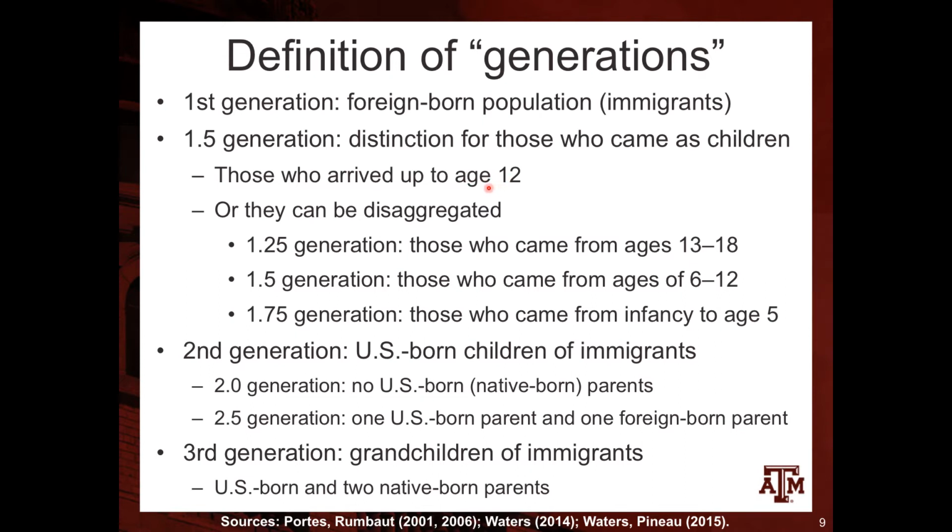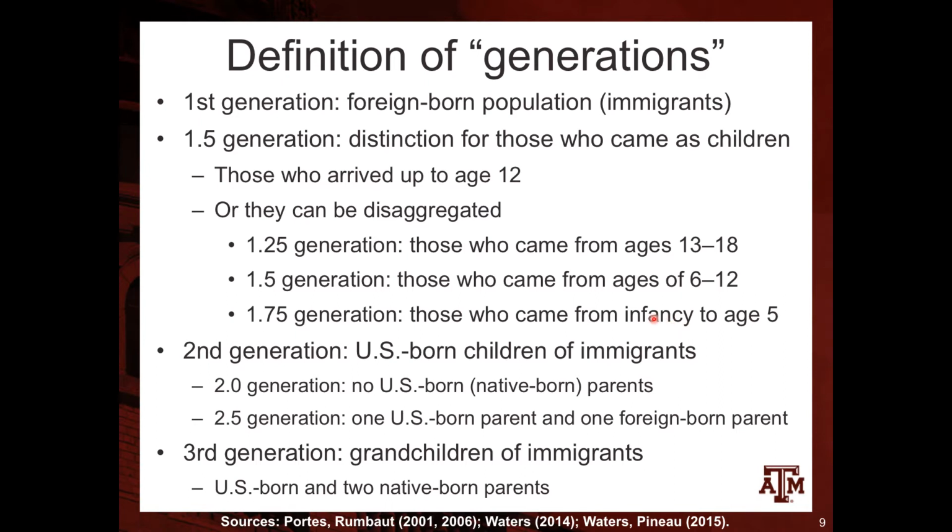And I'm talking here about the US, but that's just an example. This term generations, we can use to subdivide immigrants for any country of destination. And if you want to be even more specific, we can break down this 1.5th generation into the 1.25th generation, those who came from ages 13 to 18, the 1.5th generation, those who came from ages 6 to 12, and the 1.75th generation, those who came from infancy to age 5.